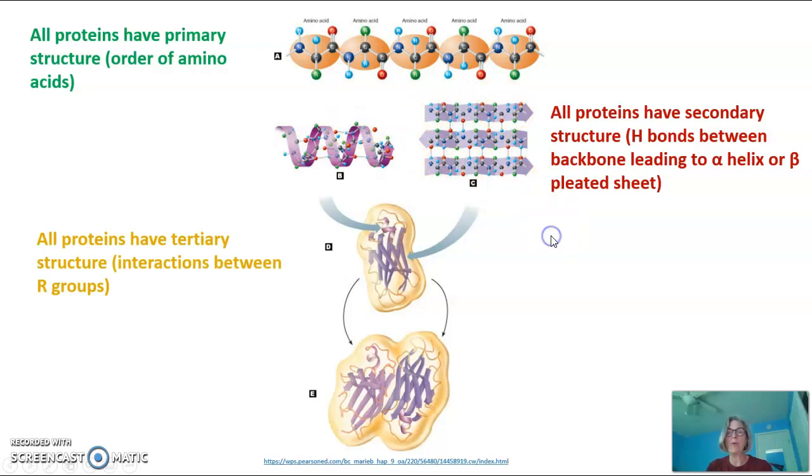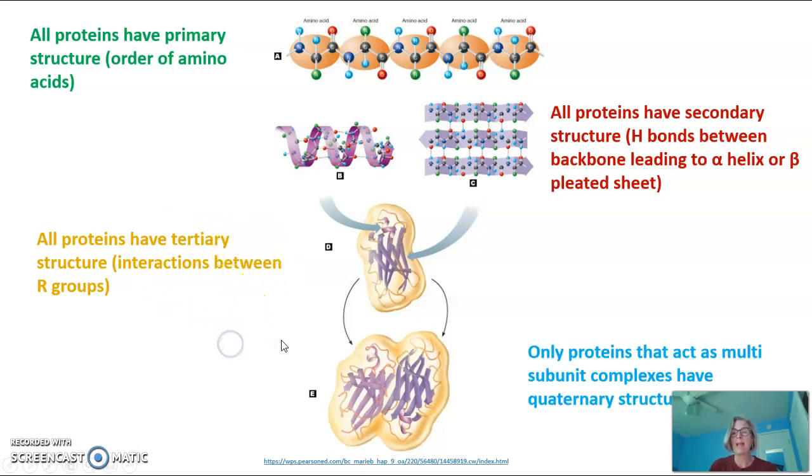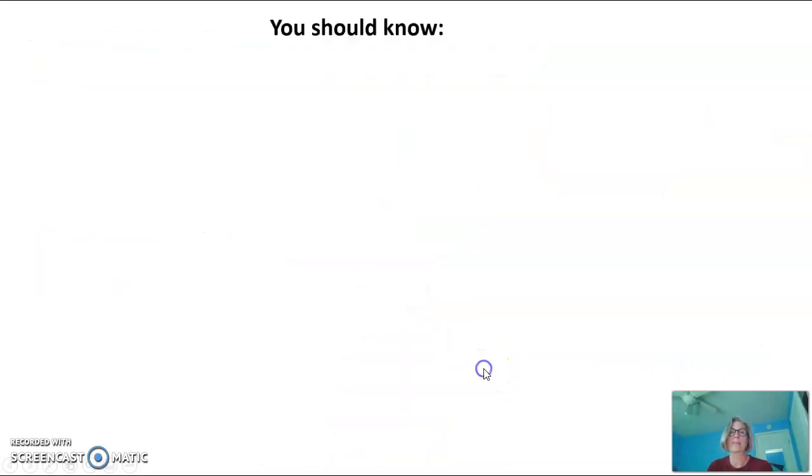And then these would be folded on top of the alpha helix and on top of the beta pleated sheet by interactions between the R groups to give the tertiary structure, which gives the overall three-dimensional shape of the protein and is the most important level of protein structure for the function of the protein. Then only proteins that act as multi-subunit complexes have quaternary structure. So this is optional and only for proteins that work together in subunits.